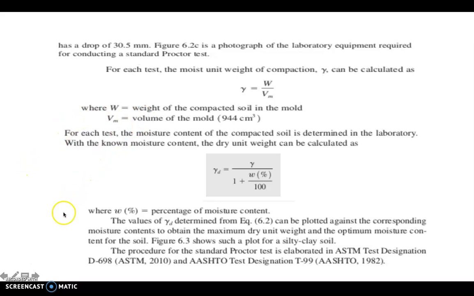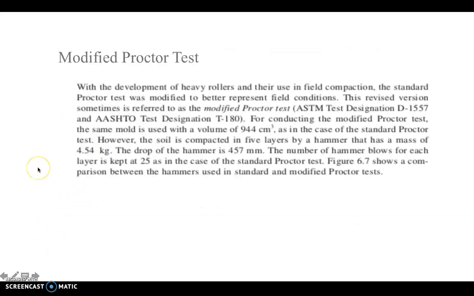Of course, we have a modified Proctor test. In the modified Proctor test, you're going to use the same mold as the standard Proctor test, with a volume of still 944 cubic centimeters, and the hammer has a mass of 4.54 kilograms, which means that in the modified Proctor test, the hammer is heavier compared to the hammer in the standard Proctor test, because there it was only 2.5 kilograms. In the modified Proctor test, you have 4.54 kilograms, and of course it has a drop of 457 mm, which is higher compared to the standard Proctor test.